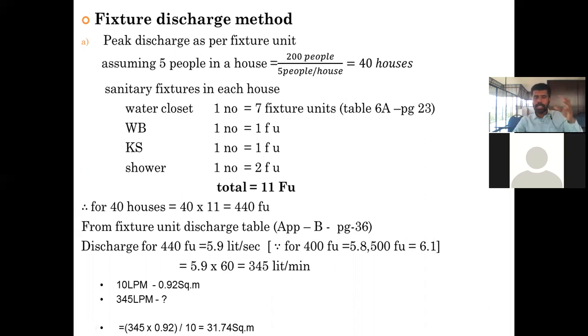Because when designing the septic tank by the fixed discharge method, surface loading as well as detention is important. Now we are dealing with surface loading. So for 345 liters per minute: 345 into 0.92 divided by 10. You'll get 31.74 square meter as the surface loading.